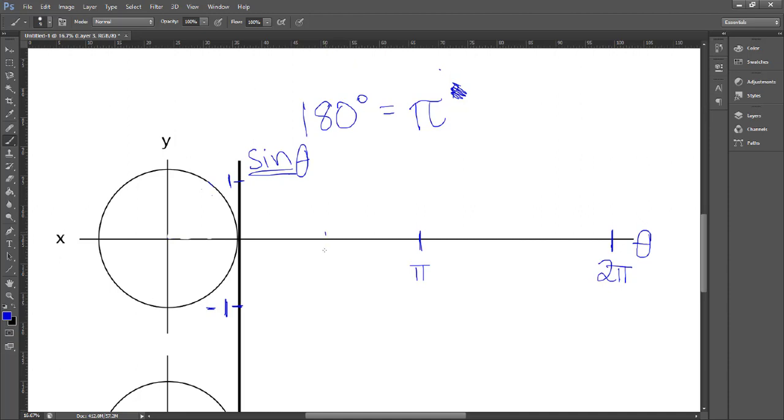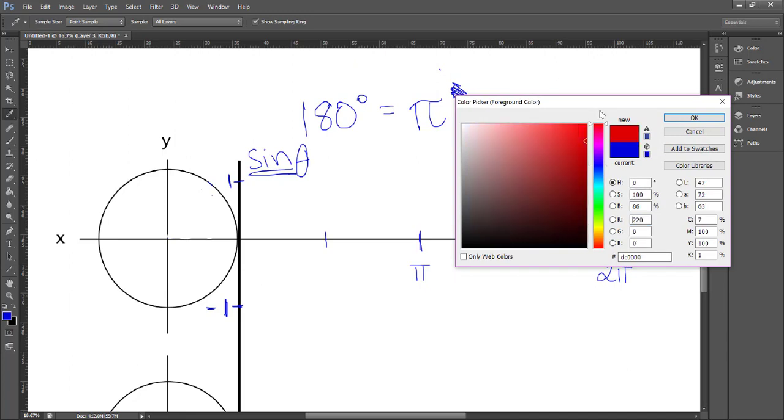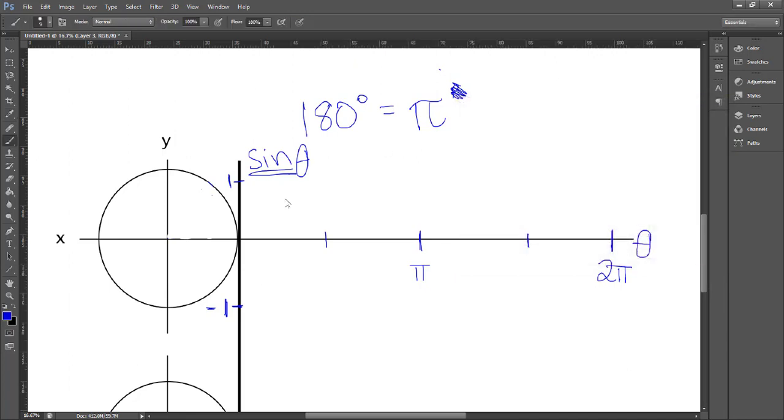Then we'll split it into quarters. I'm going to do it in red just to make it a bit different. The first point here is going to be at 0, and the height will be 0, because it's all the way over there. So it starts there.